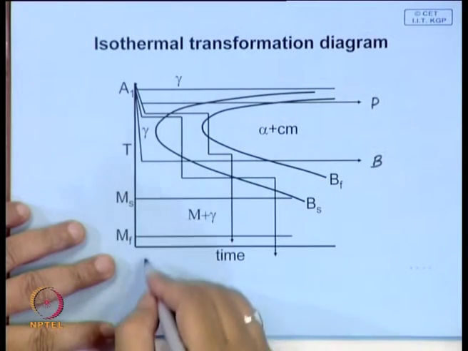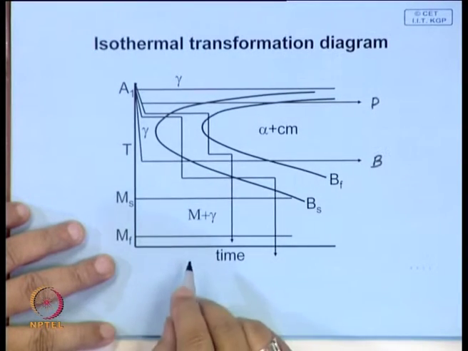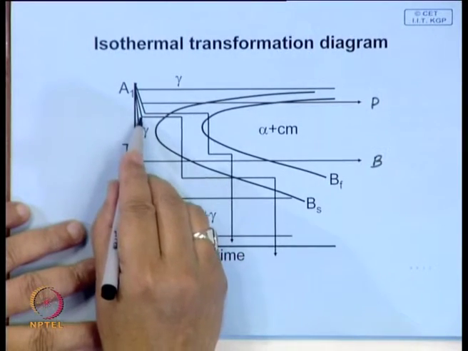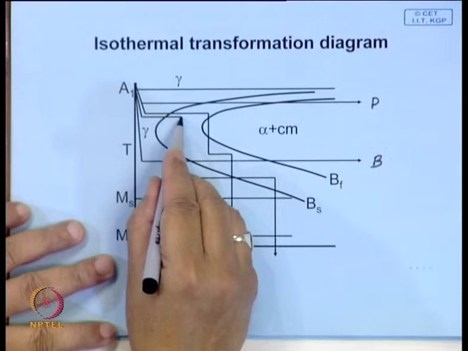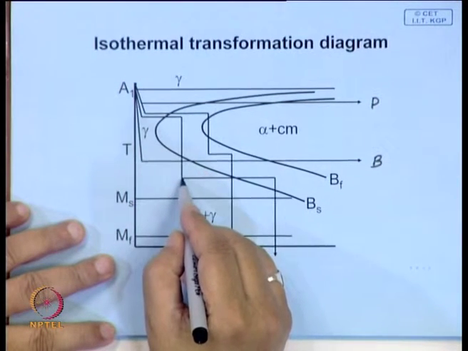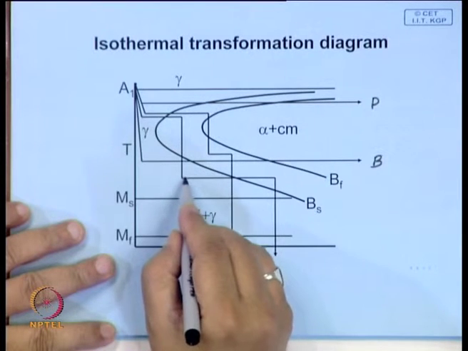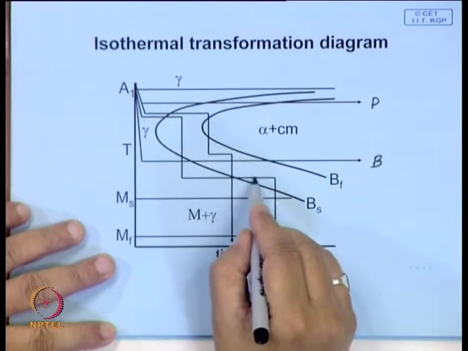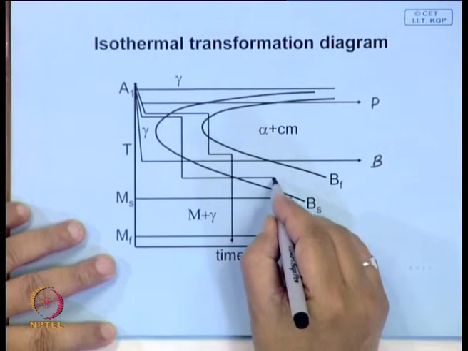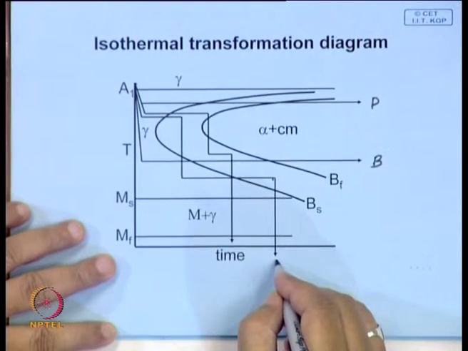If you quench directly, you get a fully martensitic structure, whereas if you have an intermediate hold like this, you hold it here, some amount of pearlite forms, you quench it, and then here also you keep it for sufficient length of time so that some amount of bainite forms, and then finally you quench.